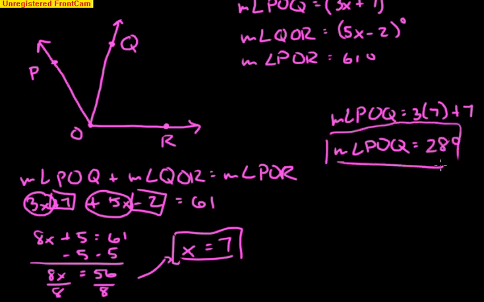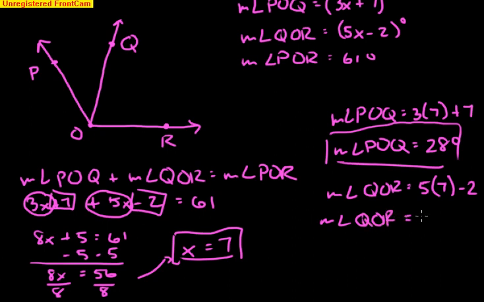Okay, make sure we label in degrees. And then the measure of angle QOR equals 5 times x, which is 7, minus 2. So the measure of angle QOR is equal to 35 minus 2, which is 33 degrees.